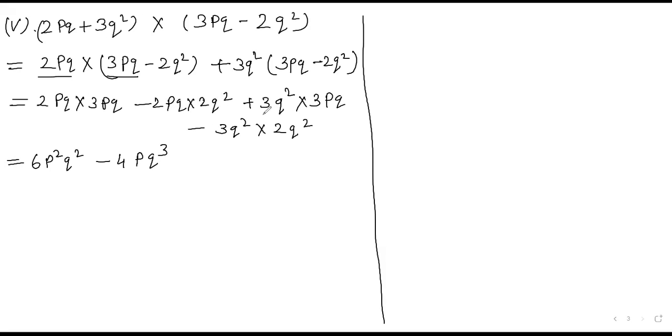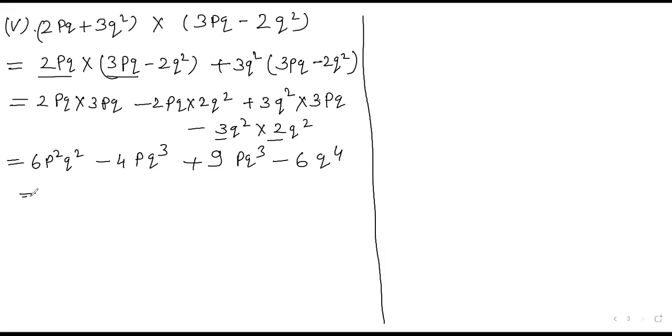Okay, and here 3 threes are 9, and p is simply p, that is 3pq, and that will again give you 9 p q cubed. And here it will give you 2 threes are 6 q power 4.